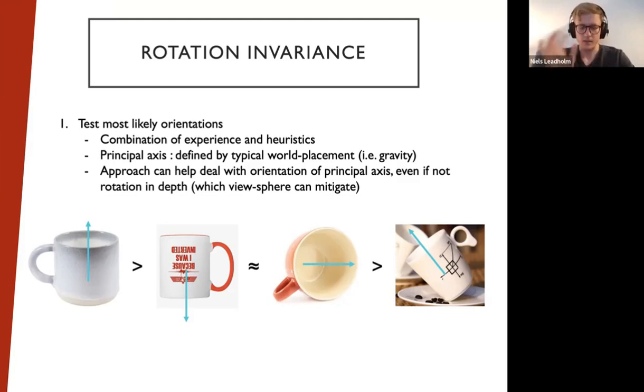The coffee cup can obviously be oriented around that in various ways, but at least the principal axis tells us if it's right way up, upside down, or on its side, or in some more implausible orientation like this. And as you'd imagine, with experience, you'd come to learn that some of these are more likely than others, and so should be tested. They should form a denser part of the distribution over possible rotations.